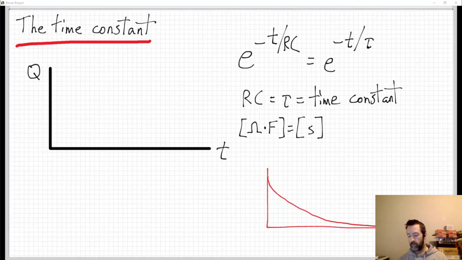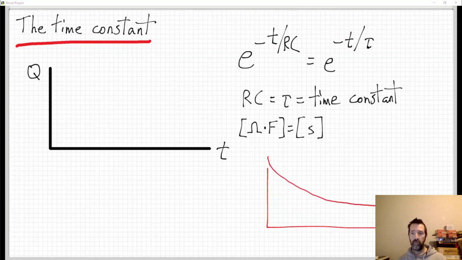But when it comes to RC circuits, for one thing, the final value doesn't have to be zero. In the cases that I showed you so far, the final value would have been zero. But it's possible to have a non-zero final value like this if there's an extra battery in the circuit somewhere, such that the capacitor can't ever fully empty. Maybe the capacitor is always going to have some charge on it if it's connected that way.